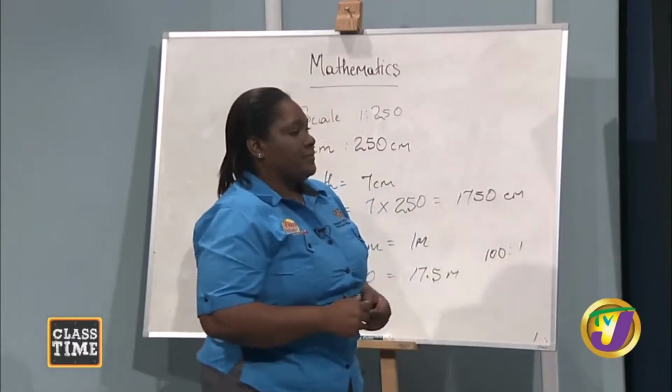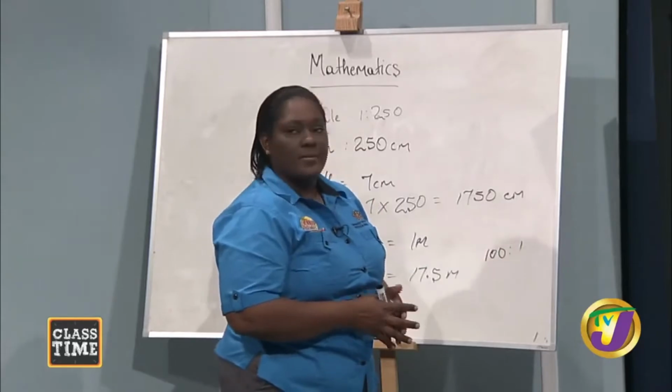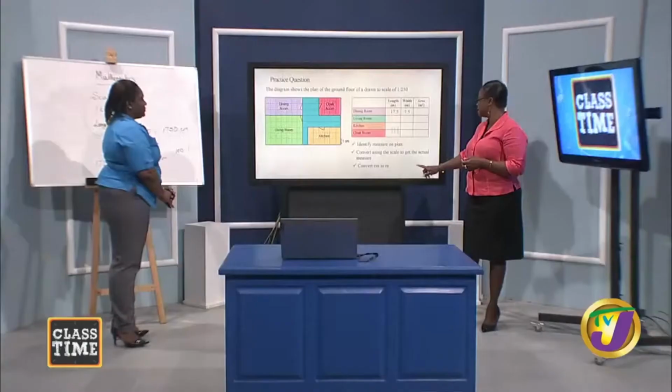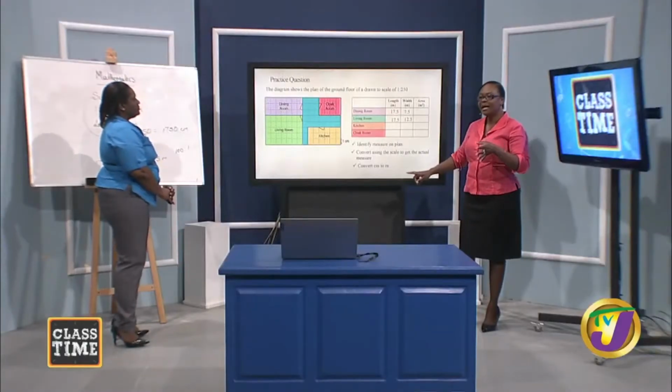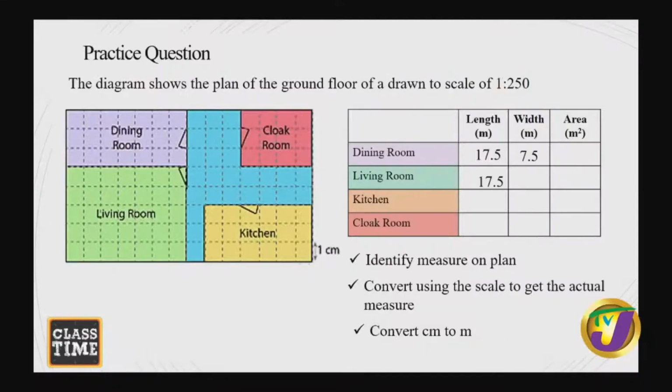And the truth is we are to be able to use the information from what we learned earlier to help us to problem solve, to make our lives a little easier. Now, we would have gone ahead and done the calculations based on what we would have identified: the measure on the plan, convert using the scale to get the actual measure, and then convert to meters.